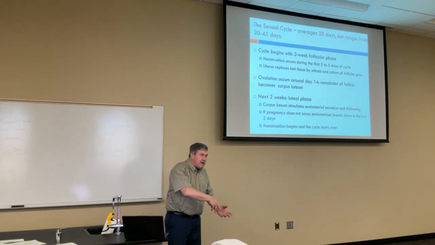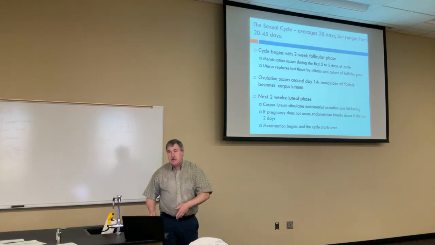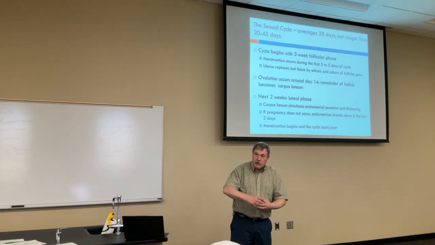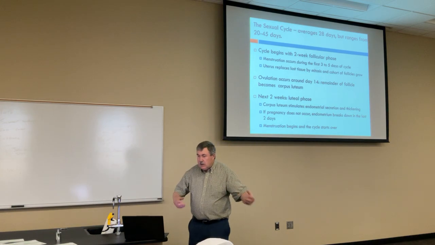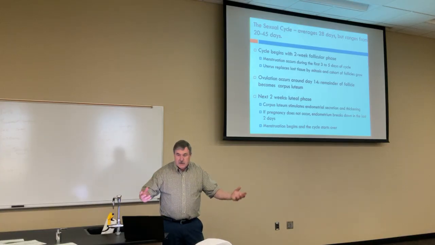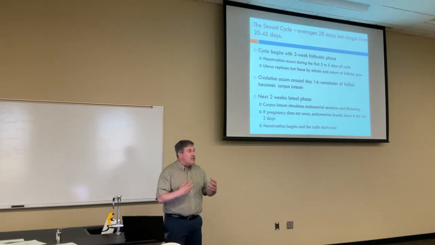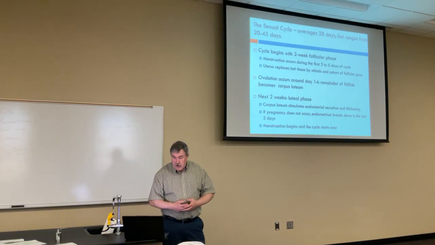Okay, so the first day of menstruation is actually day one of the cycle, not the end of menstruation. We usually think of it kind of at the end when the uterus starts regrowing the endometrium, but actually reproductive physiologists consider the first day of menstruation as the first day of the cycle. And that menstruation then takes up about the first 3 to 5 days of the menstrual cycle.